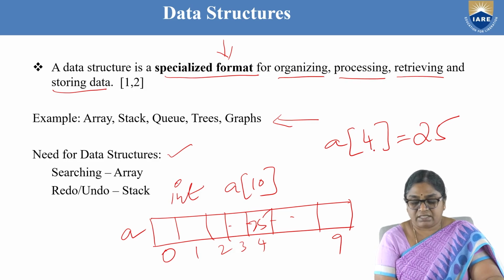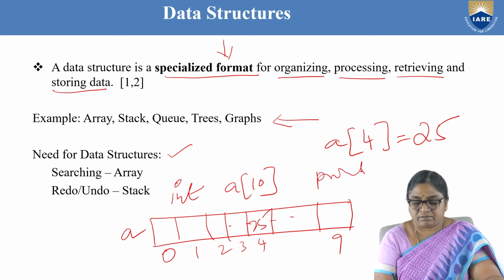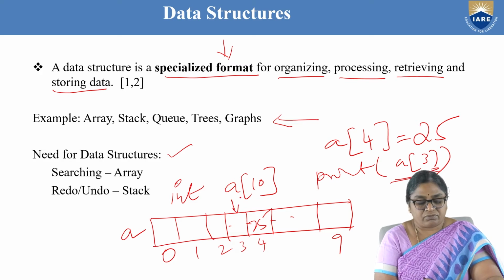So I can access the elements randomly. Similarly, I can search for an element. Print A of 3. It will display the value stored in the fourth location. So it can search the values randomly if I use an array, a data structure.